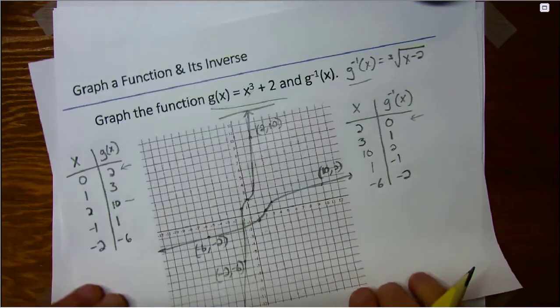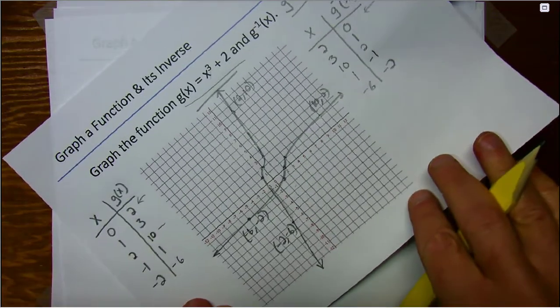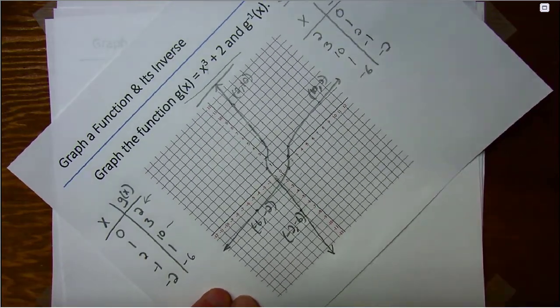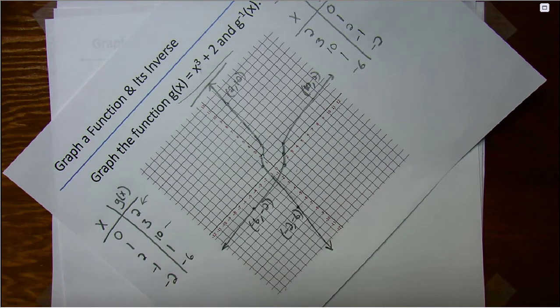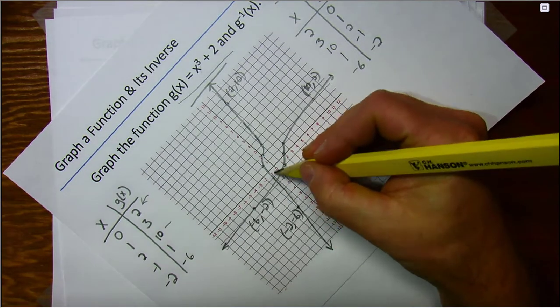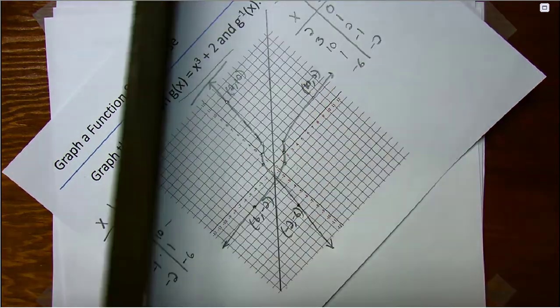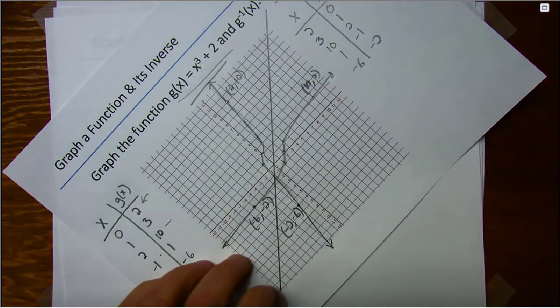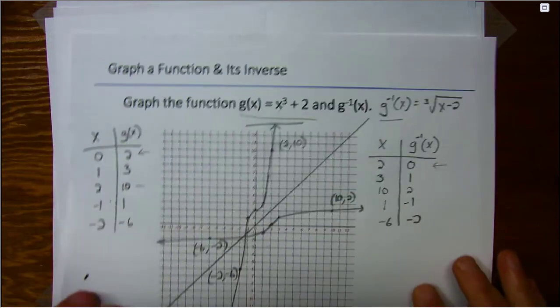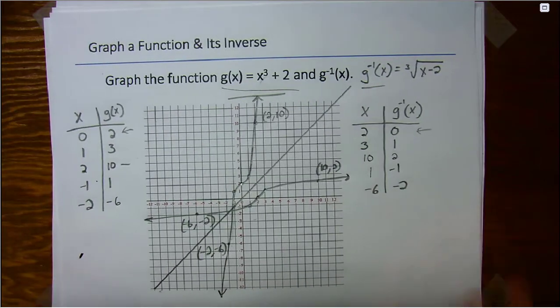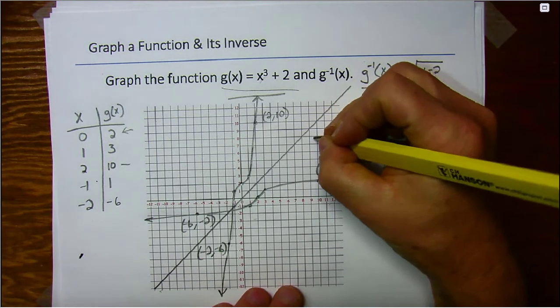If I turn the paper a little bit, they are mirror images of each other. And they're mirror images over what? They're mirror images over the line y equals x, right down the center of that graph. There's our line of symmetry. Now I'm going to turn that back for a minute and let's talk about that line. That line is important. This is a line of slope 1 and intercept 0.